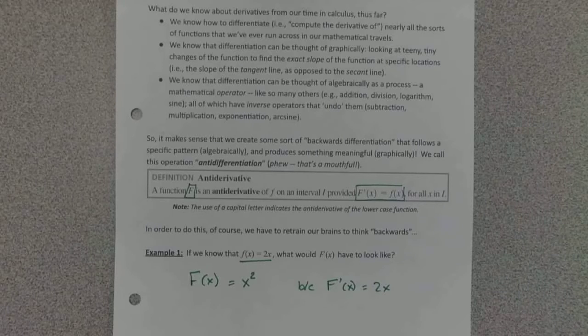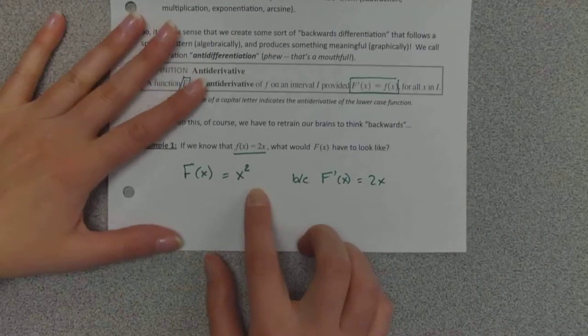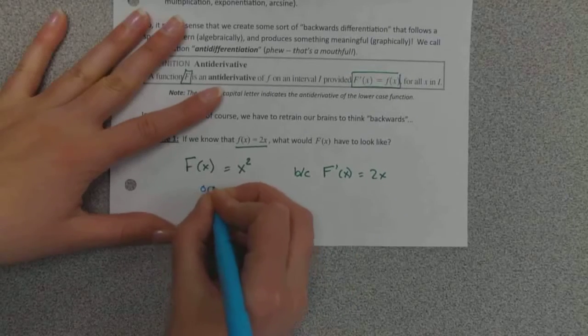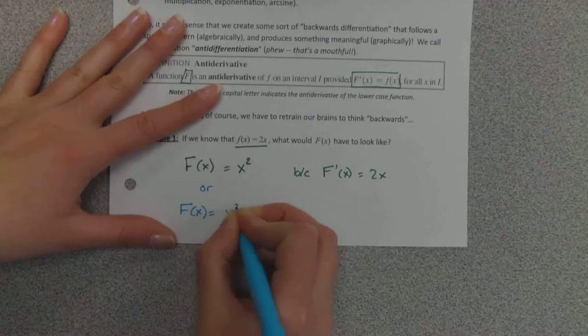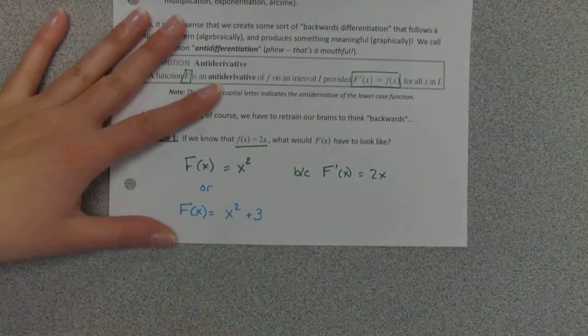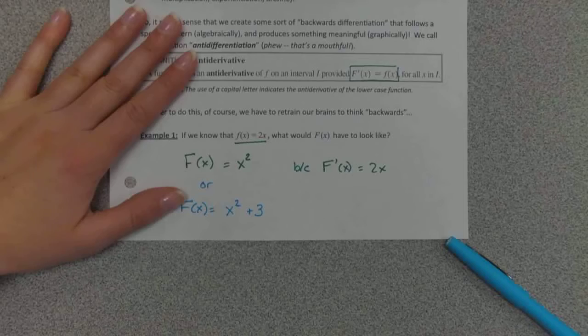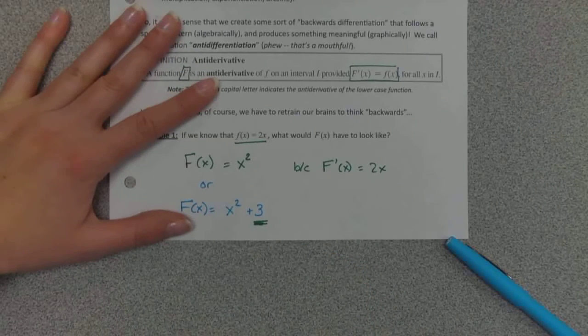But it also could be a few other things. There are more than one function. There are actually infinitely many functions who have a derivative of 2x. One of them is x squared, but we also could have capital F of x equals maybe x squared plus 3, right? Because you know that when you take the derivative of that 3 part, it's going to be 0. So there could be some kind of constant added onto it, right?